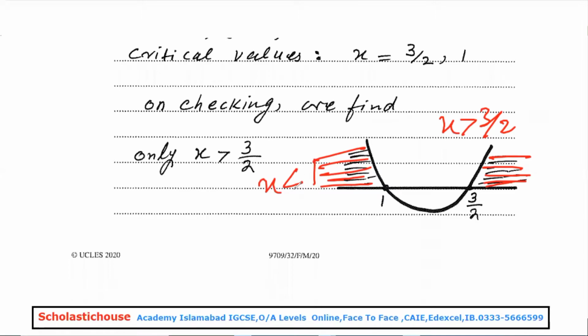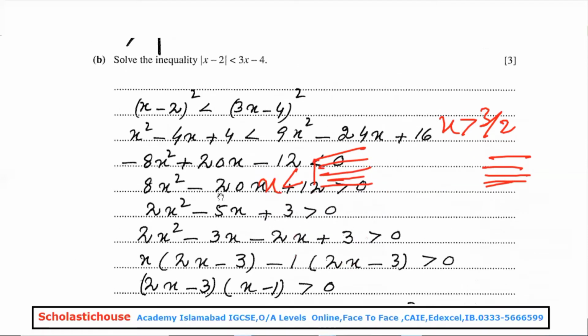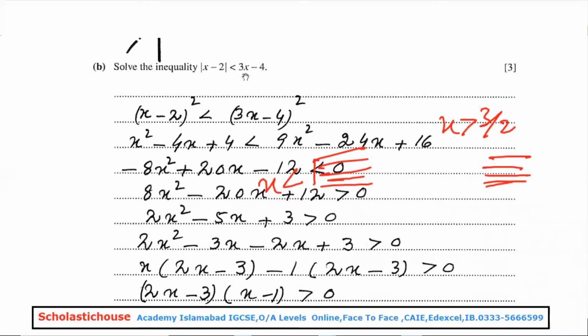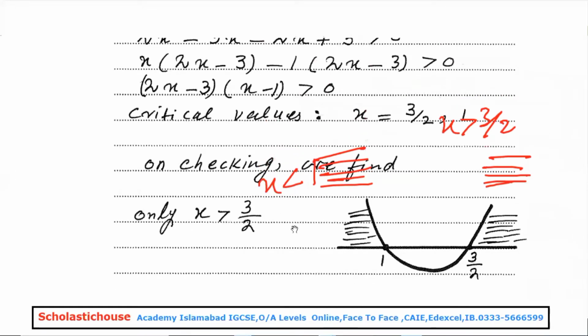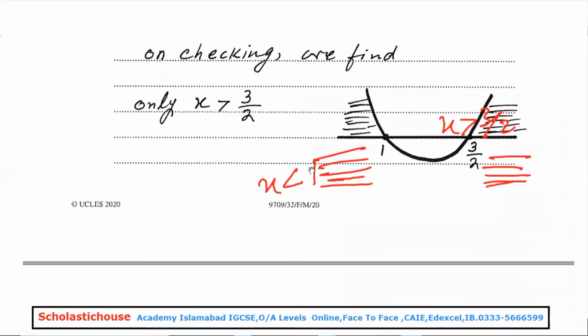But because in the question you can see 3x minus 4 is without modulus, you must check both of these values. So when we put x less than 1 there, it does not give a true answer. So ignore all the values where x is less than 1.